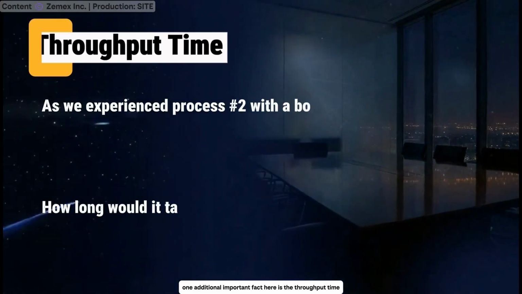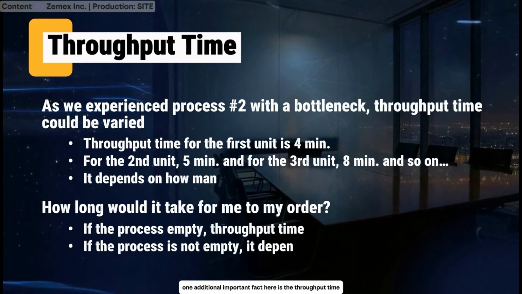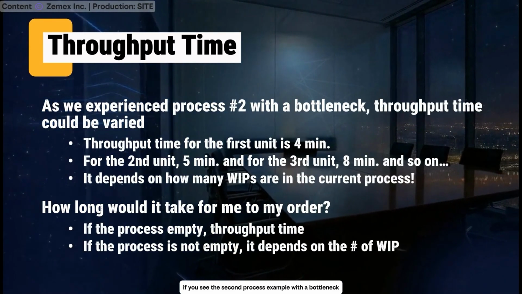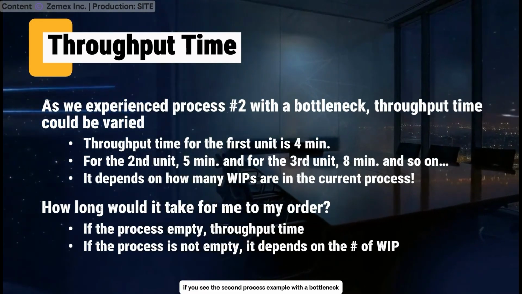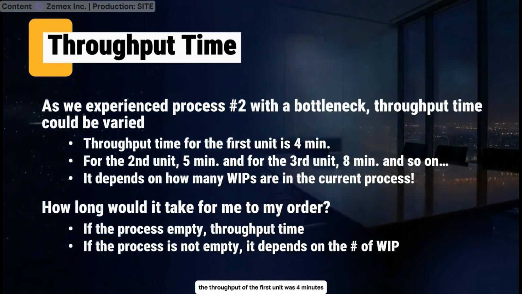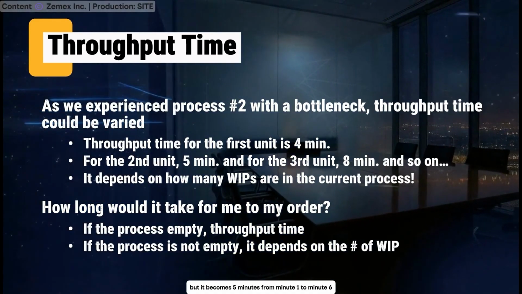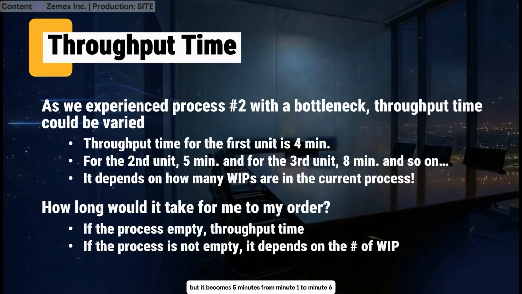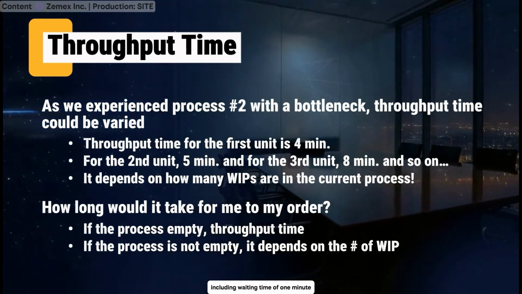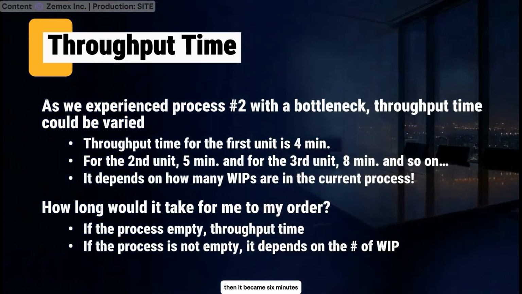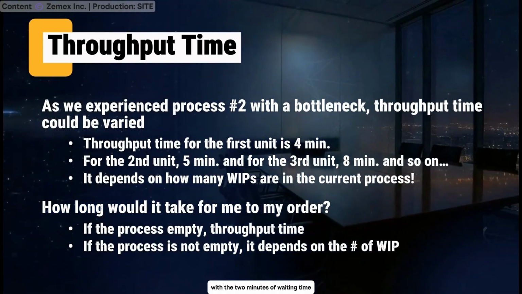One additional important fact here is the throughput time. If you see the second process example with a bottleneck, the throughput time of the first unit was 4 minutes, but it becomes 5 minutes, from minute 1 to minute 6, including a waiting time of 1 minute. Then it became 6 minutes with 2 minutes of waiting time.